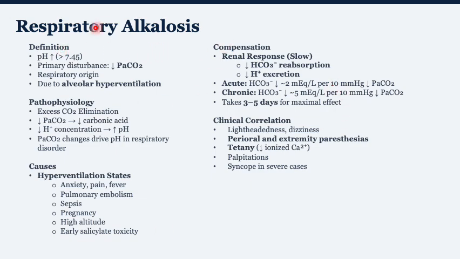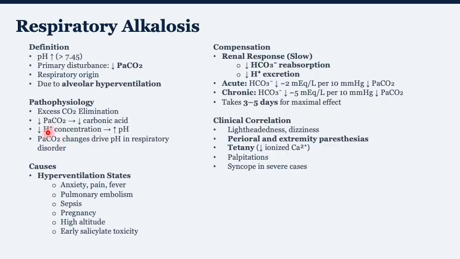And lastly, we're going to talk about the respiratory alkalosis. Definition: pH is greater than 7.45. You have a lower partial pressure of carbon dioxide, is respiratory in origin. This is normally due to hyperventilation. The pathophysiology, you have excess CO2 elimination due to the hyperventilation. You're blowing off a lot.